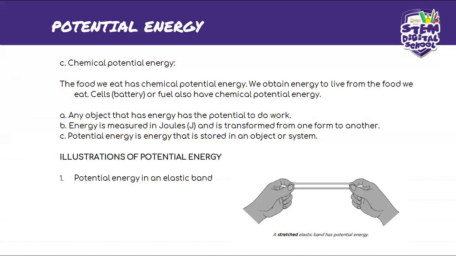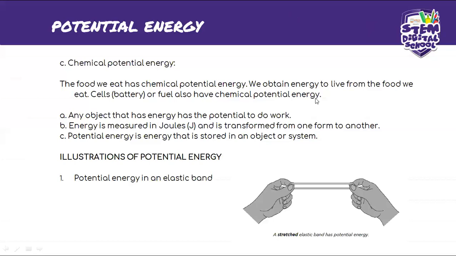Now let's look at illustration. The first one, we said that we have got three types of potential energy, and the first one that was mentioned was what? Elastic potential energy. So you can see a straight elastic band has potential energy. So when you stretch it, okay, then immediately you leave it, it can fly. So it can change from potential energy to kinetic energy.